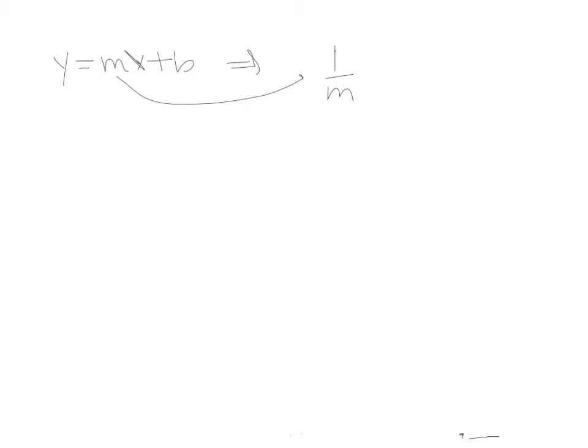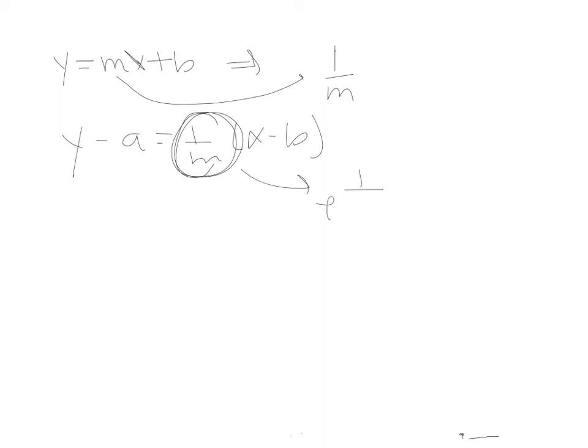We used that to come up with this new formula, which is y minus a equals 1 over m times x minus b. But that 1 over m part, which was 1 over f prime of a, is really the key that I want to get in for this next piece.